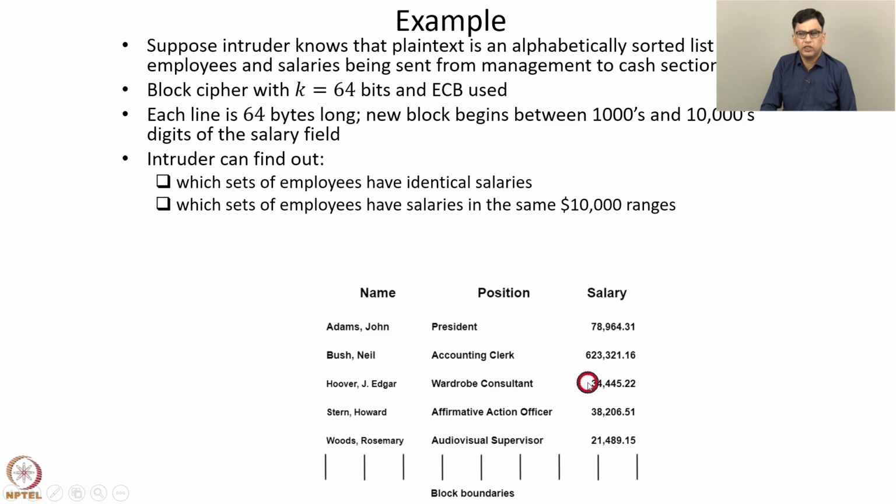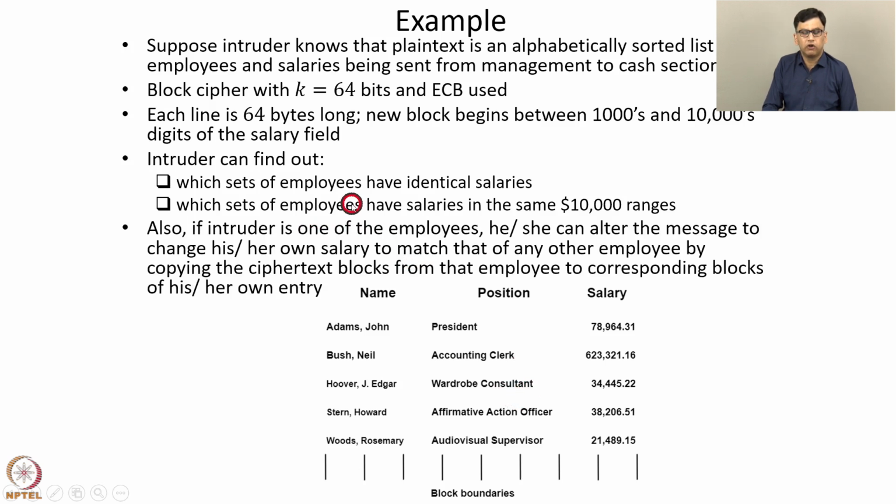So, they have salaries in the 30,000 range. This one is roughly 34,000, which is in the 30,000 range, and this is also in the 30,000 range. Hence, this 7th block corresponding to these 2 rows is identical in these 2 rows. So, the intruder can find out which sets of employees have salaries in the same 10,000s range.